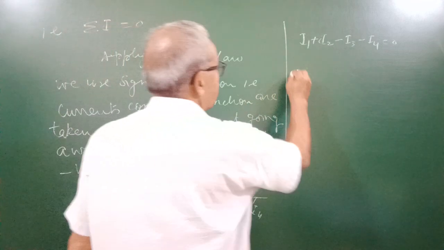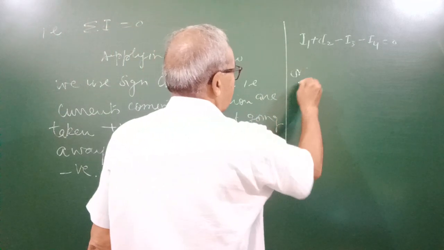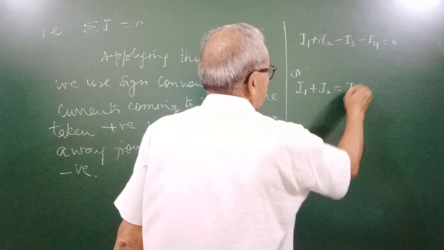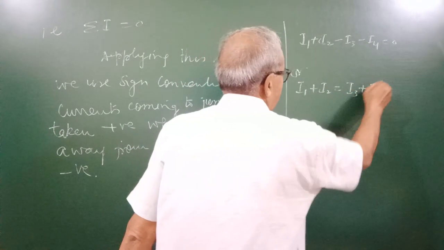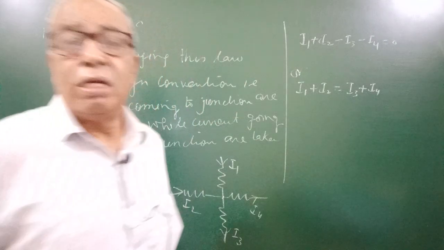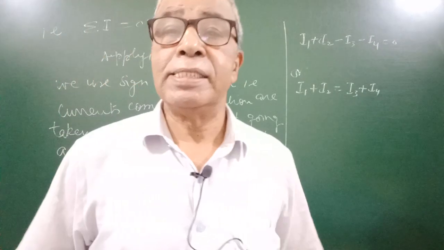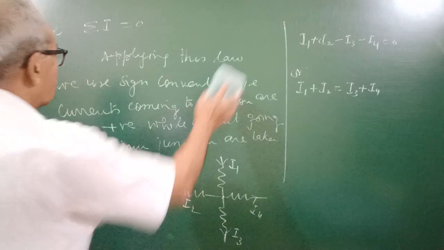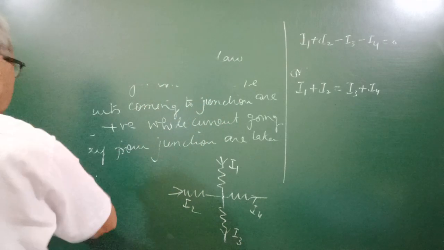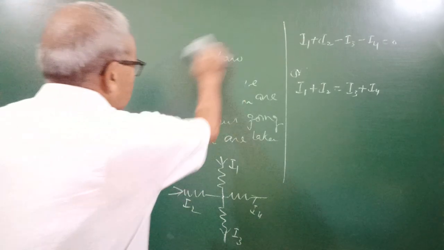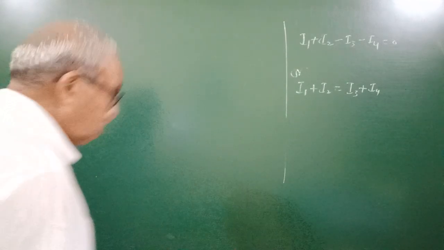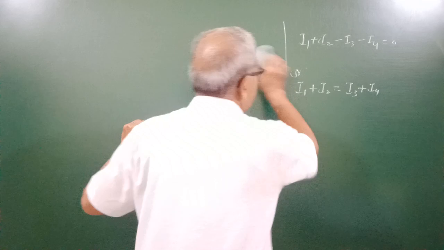Or you can write I1 plus I2 is equal to I3 plus I4. In other words, according to the junction rule, currents coming to the junction equal currents going away from the junction. This is our junction rule. Now, what is the second law?